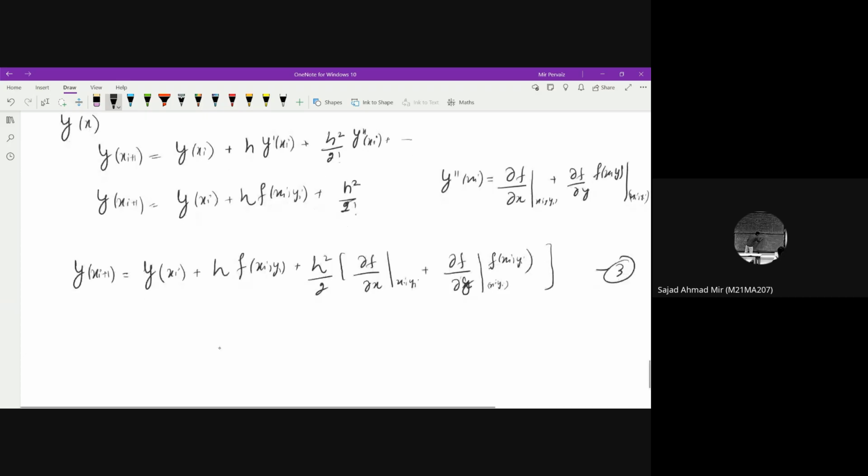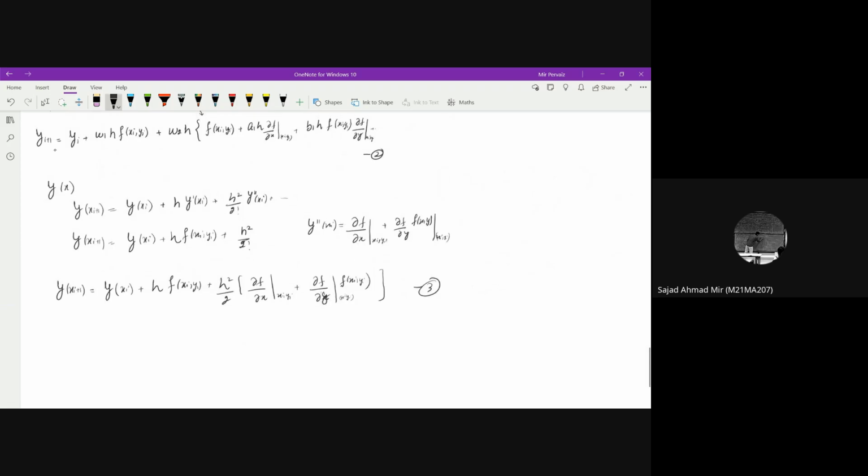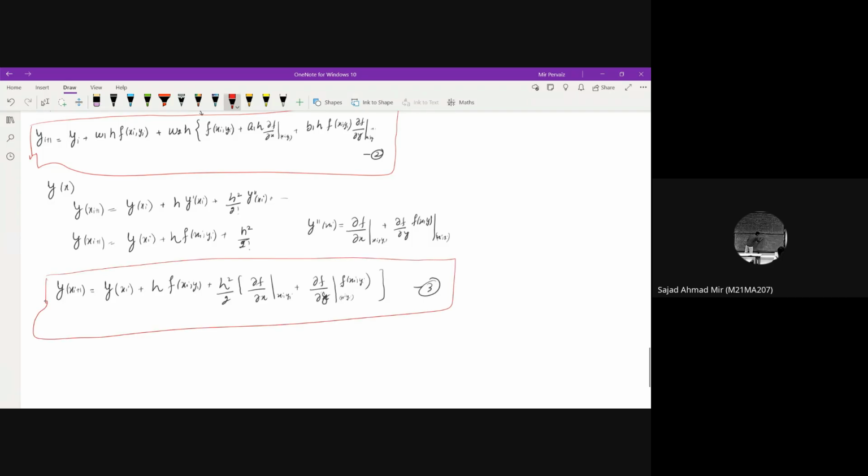Now if you compare your equation 2 and 3, what do you get? This is your equation 2 and this is your equation 3. Both the equations are giving the value at xi plus 1.